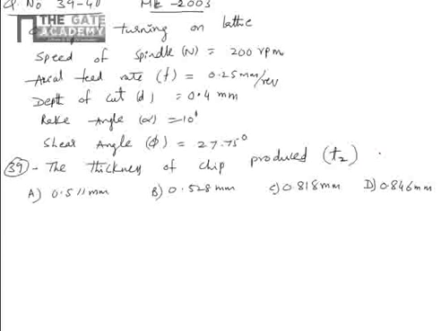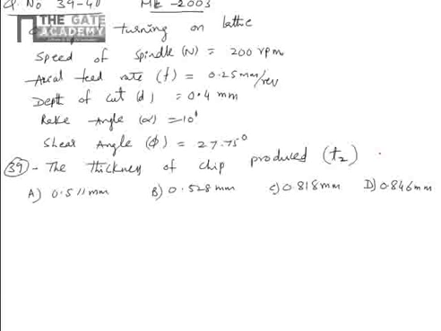So how do we calculate this? We don't know T1, he has given depth of cut. In orthogonal turning, depth of cut is nothing but uncut chip thickness.